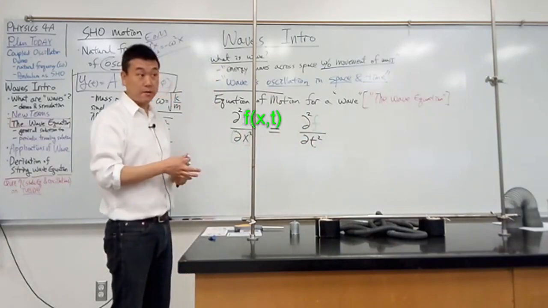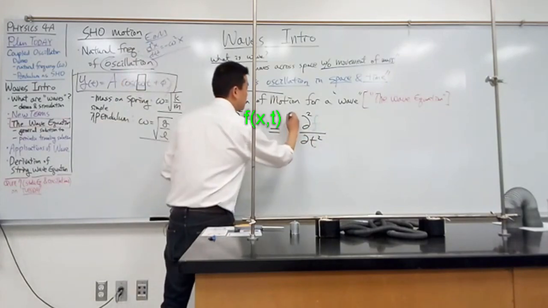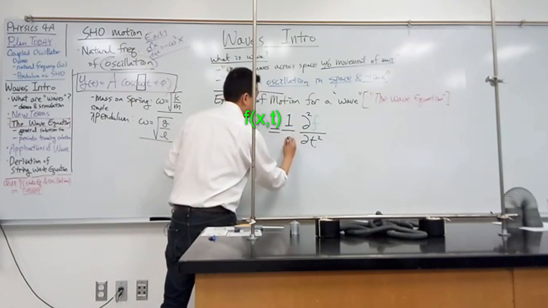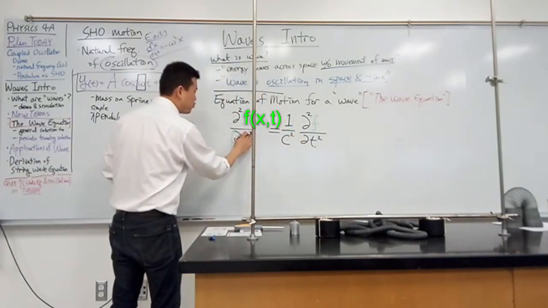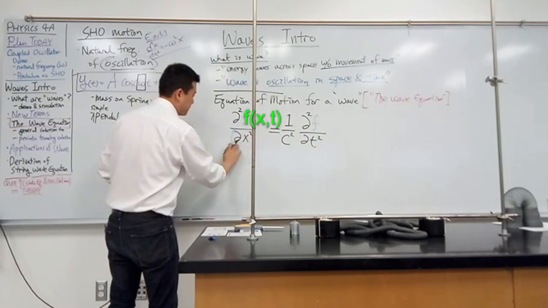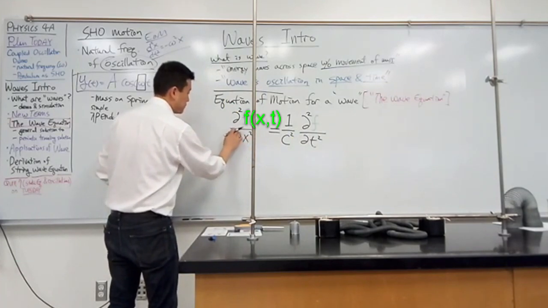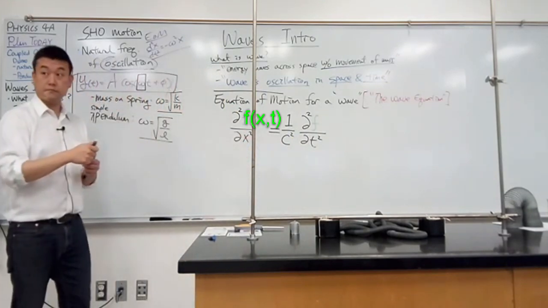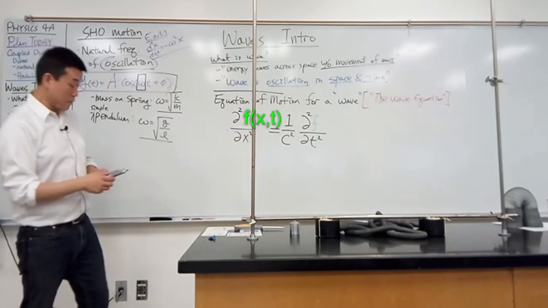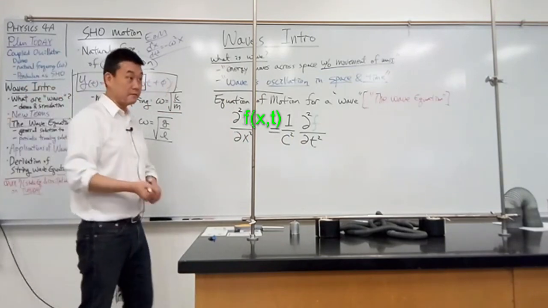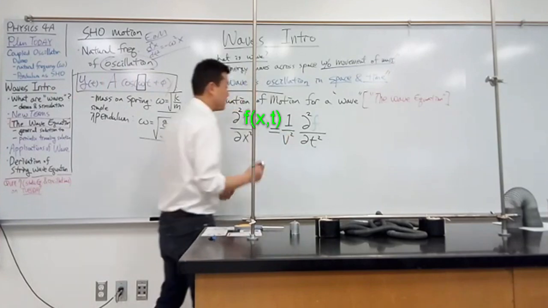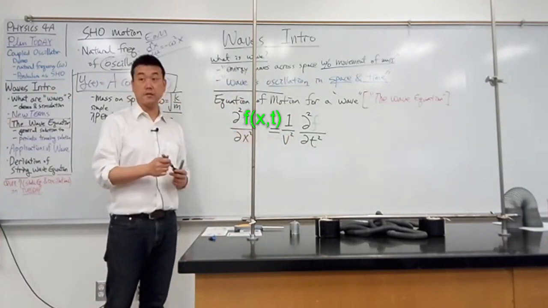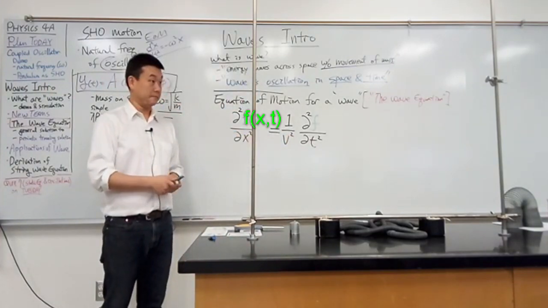There has to be a constant between them. Let me write it as 1 over capital C squared. What unit does that C have? Meter per second, yeah. So it has a unit of velocity. So let me just write it down as v squared. And let's see in what sense this is a velocity of whatever.